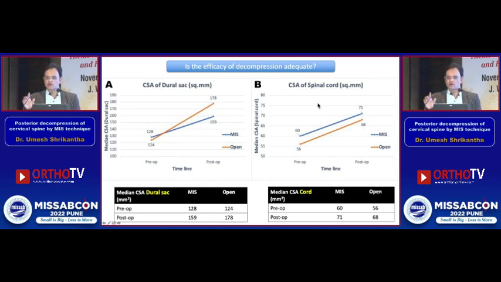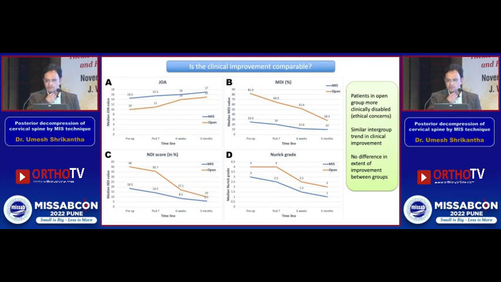But if you look at the cross-sectional area of the spinal cord that has improved, which is actually the clinically relevant part, or the Pavlov ratio, or more accurately measured as the cross-sectional area of the spinal cord, there is a proportionate improvement in both the open as well as the minimally invasive group between pre-operative and post-operative, which means to say that the amount of the spinal cord decompression, which really matters, not the dural sac decompression, is almost similar in both of these cases, and we can conclude that adequate decompression can be done in MIS.